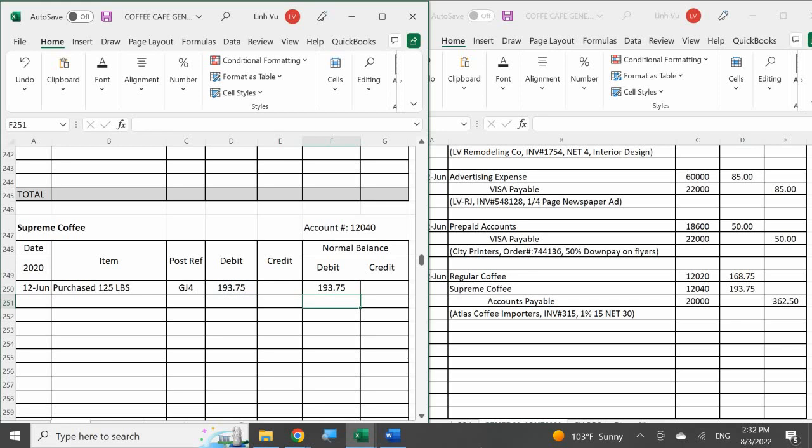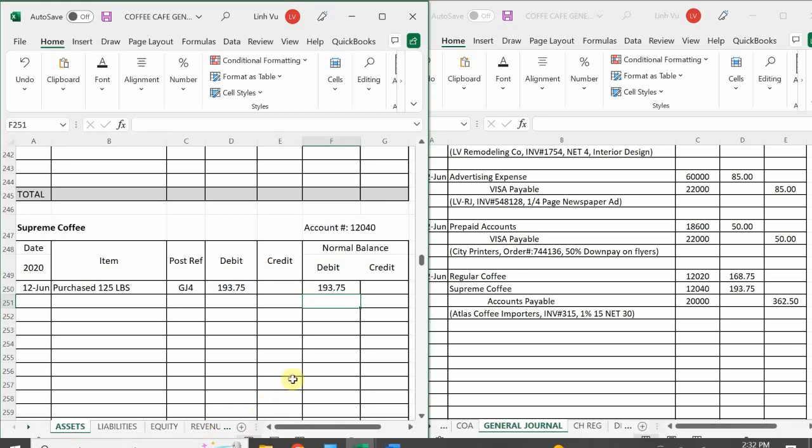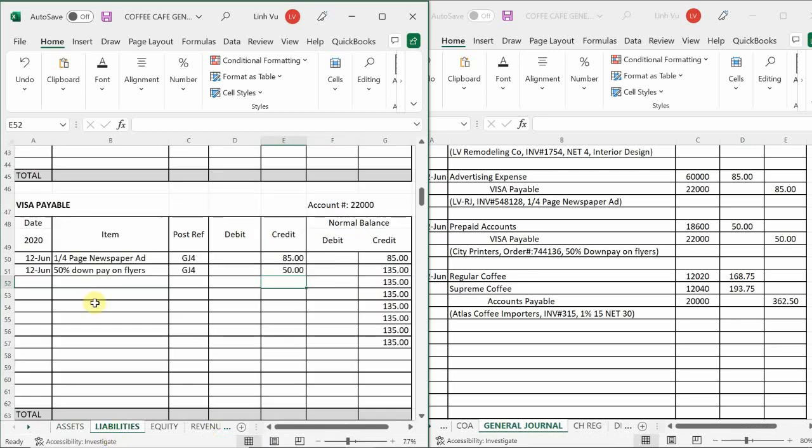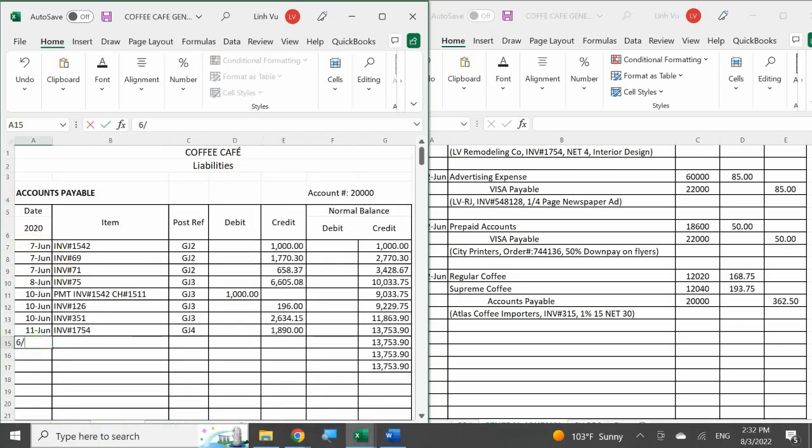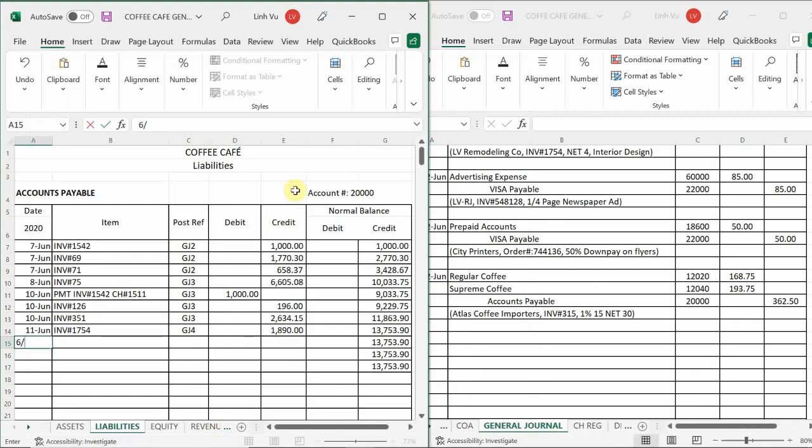Okay? And now I need to record that I owe more money in my liabilities. For $362.50. Okay.